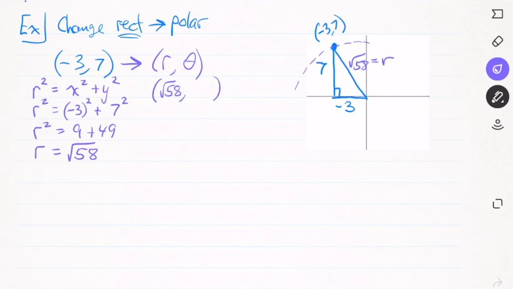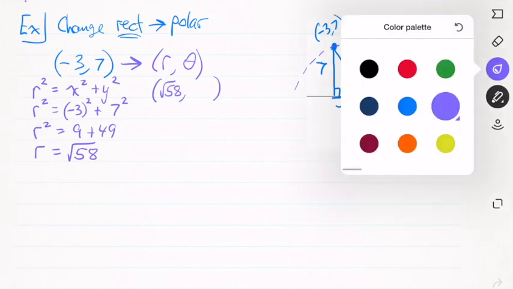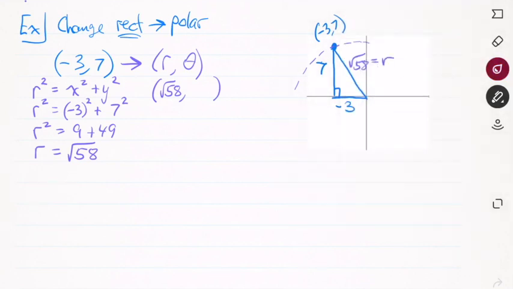Now theta is going to be a little bit more tricky. So let's do this color. So the theta formula is tan inverse of y over x, so it's 7 over negative 3, so you can write it as negative 7/3, or you can write it as 7 over negative 3. Either one's fine, just don't lose the negative sign.